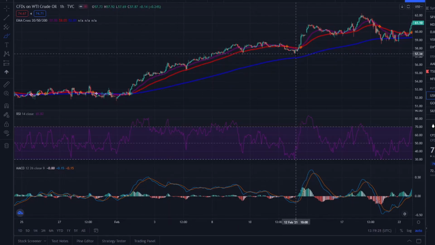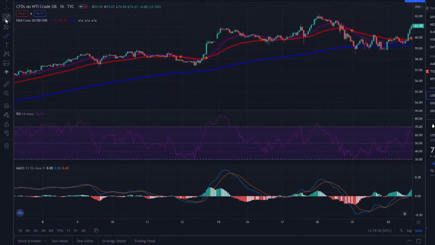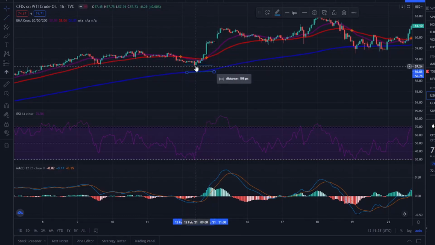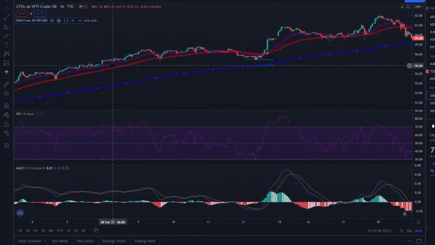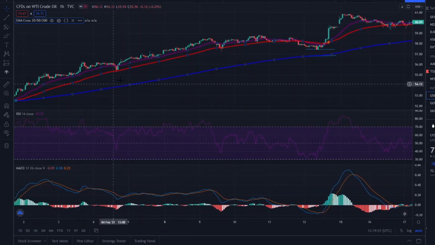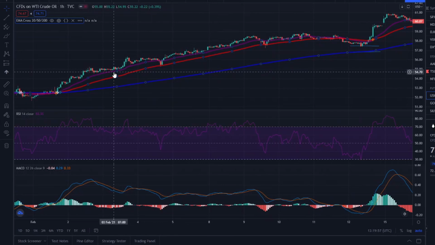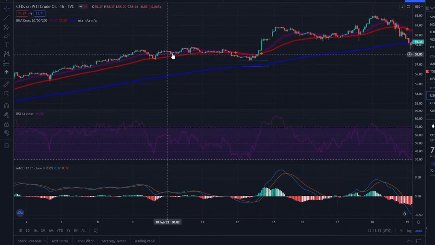So we want to see here a narrow space between the lowest point, which is here, and the 200 EMA to be as narrow as possible, like here, and at the same time, because we can see here that the 50 EMA and the 20 EMA remained at about the same distance between them for most of the time, and here suddenly the space between the two EMAs narrows.